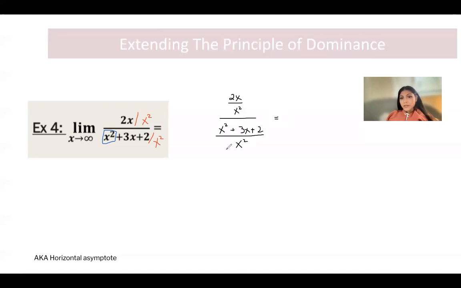For this bottom part, I'm going to rewrite it. It's called splitting your fraction, and this is allowed. I'm just rewriting my numerator for the sake of showing you very clear steps. So this bottom part, I'm going to split the fraction like so: x squared divided by x squared, plus 3x divided by x squared, plus 2 all over x squared.